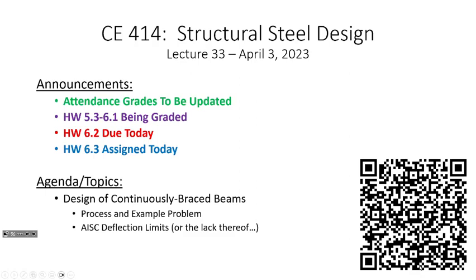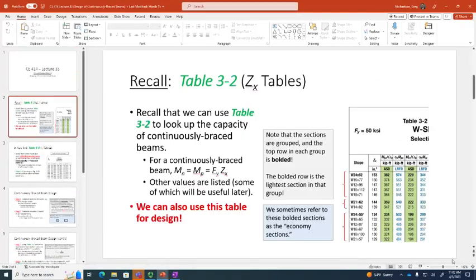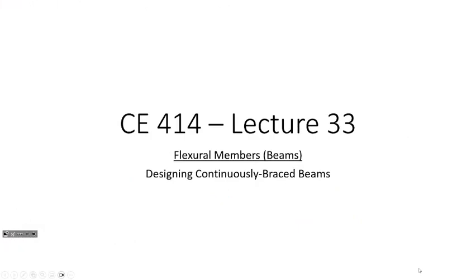Before I do that though, there was a question that got brought up near the end of lecture, and I thought it was really pertinent to explain. One of the questions was related to deflection limits: why are there only live load deflection limits? Why aren't there any deflection limits associated with dead loads?